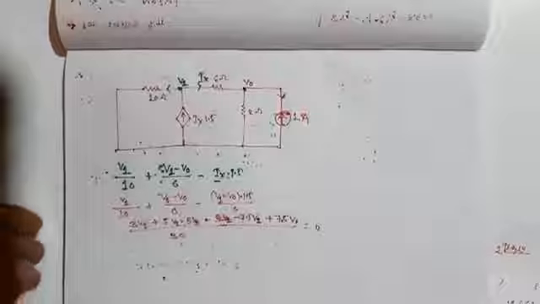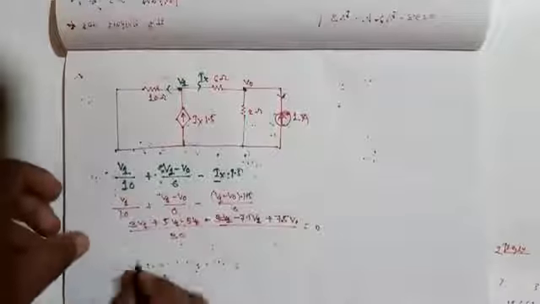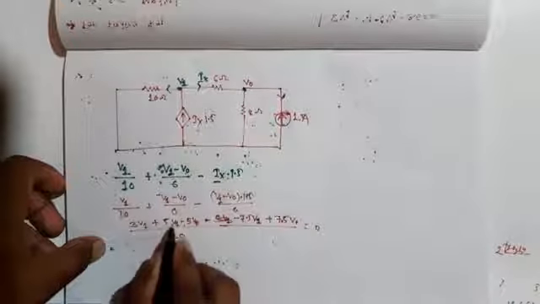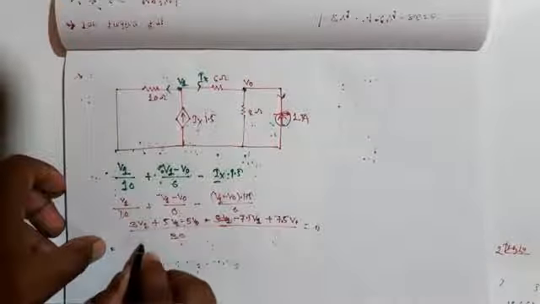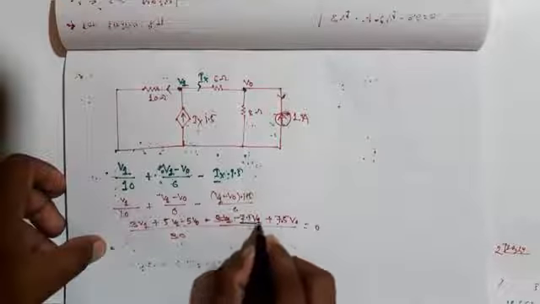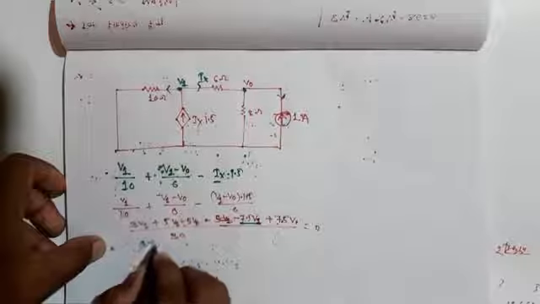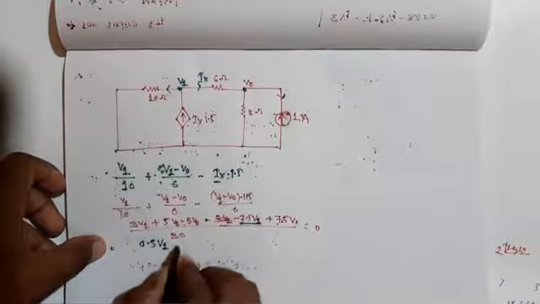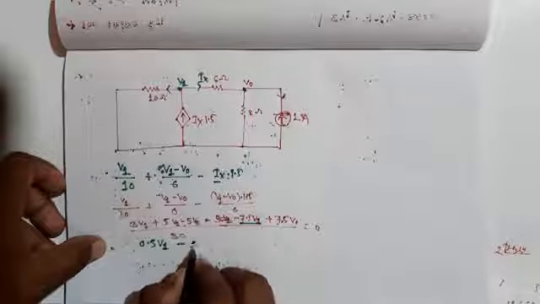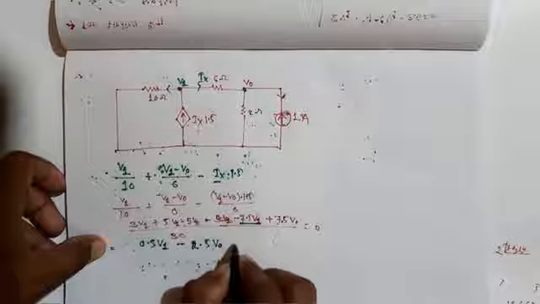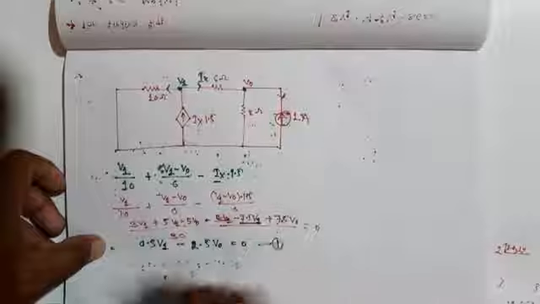Writing this equation directly, this is 8V1 minus 7.5V1, which is 0.5 V1, minus 2.5 V0 equal to 0. This is our first equation.